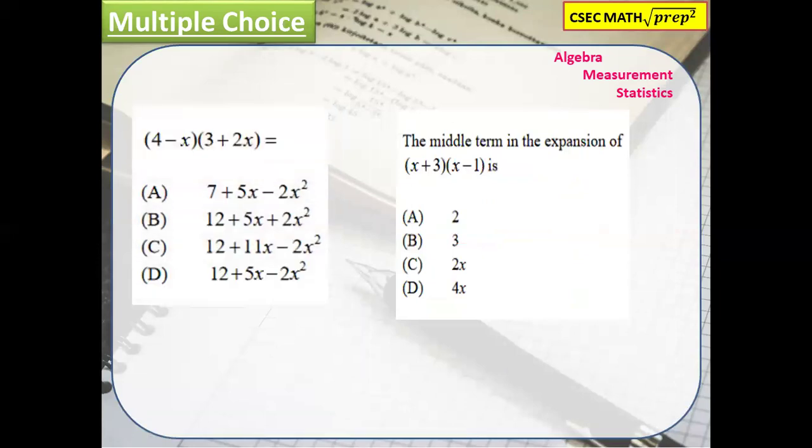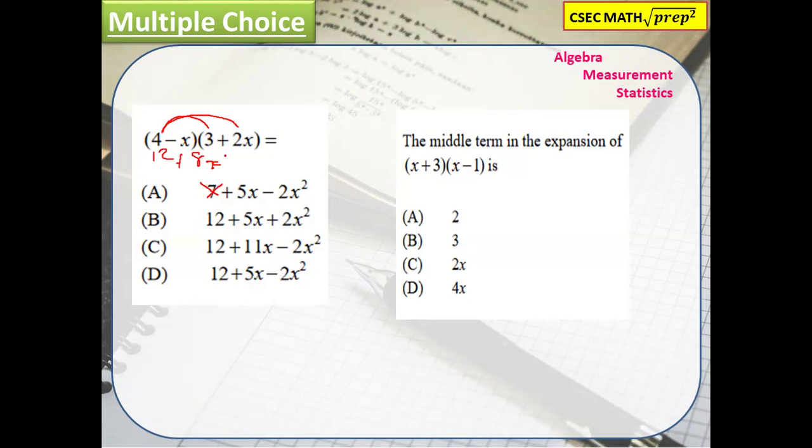All right. What about these questions now? Very similar questions, but the answers are in different formats. They're asking for something different for the one on the right. So here we expand. 4 multiplied by 3 is 12. That means this first answer here is completely out because they have 7. 4 again, we're going to use it to multiply the second term in the other bracket. 4 2s, that's 8x.